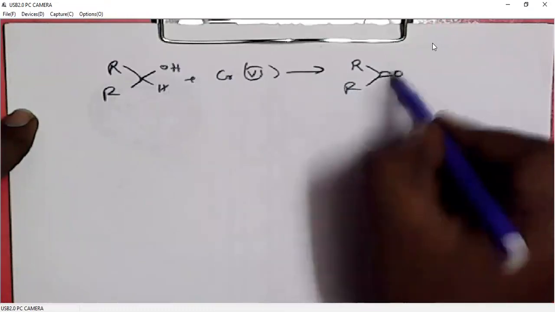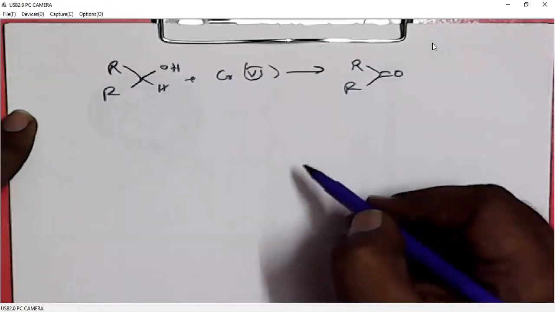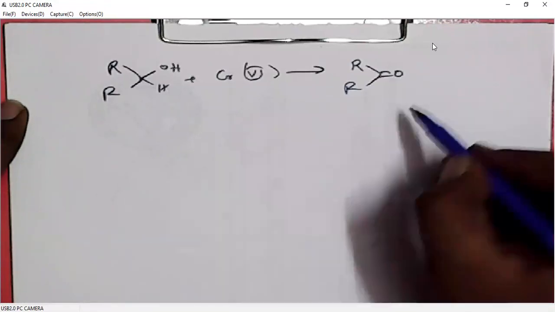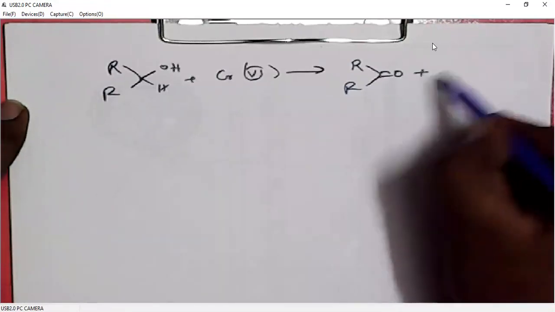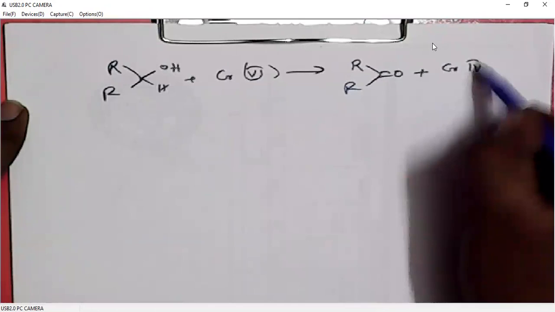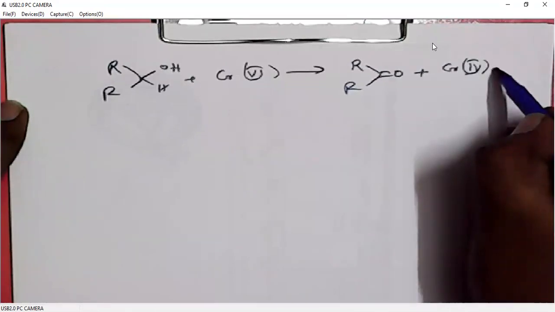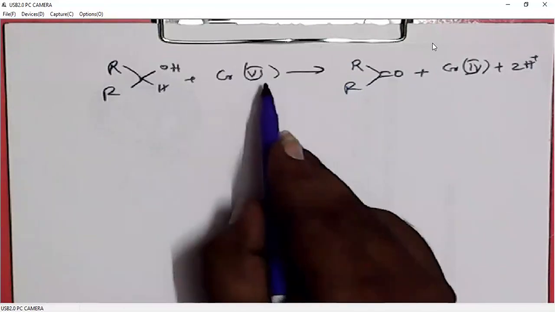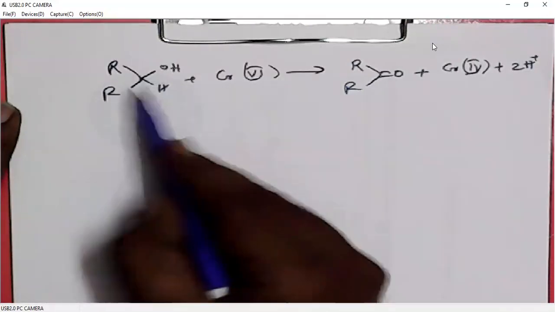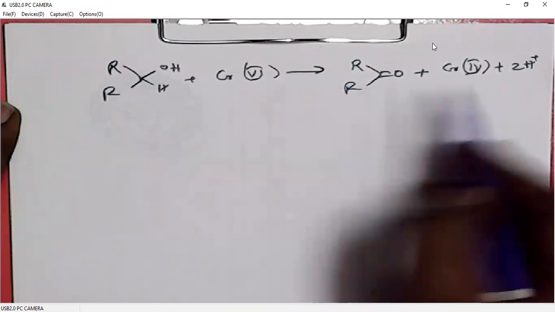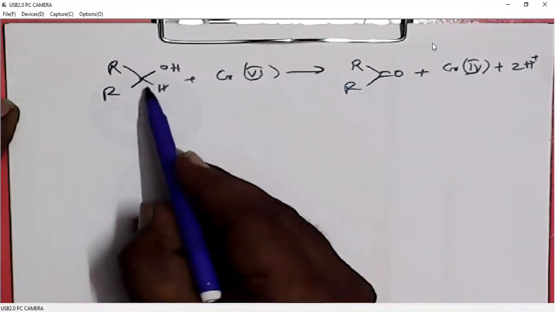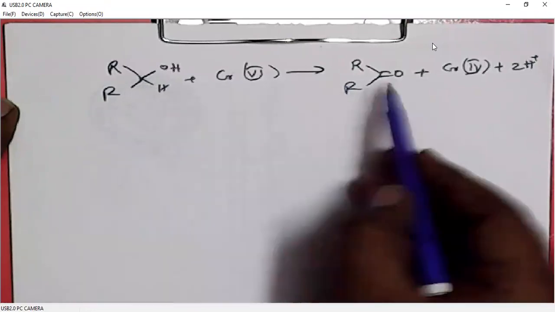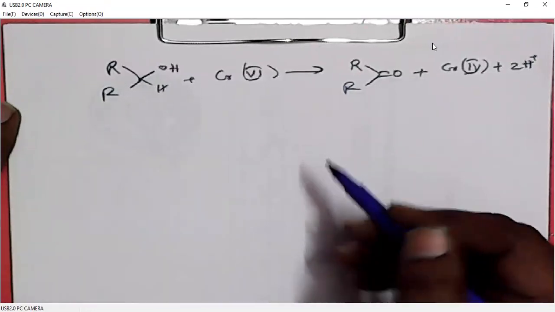For example, if it is a secondary alcohol, it will oxidize to ketone. So chromium 6 will be converted to chromium 4. As I said previously, it is only a 2 electron oxidation. So chromium 6 now will take 2 electrons from alcohol and it will be reduced to chromium 4. Alcohol will eliminate hydrogen and will undergo oxidation.